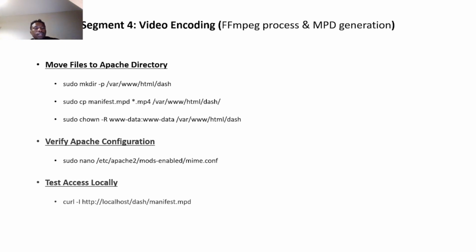The curl command confirmed our Apache server was correctly serving the DASH content before beginning our streaming tests. The deployment process ensured our video content is properly structured and accessible for the adaptive streaming experiments we will conduct with our SDN setup.